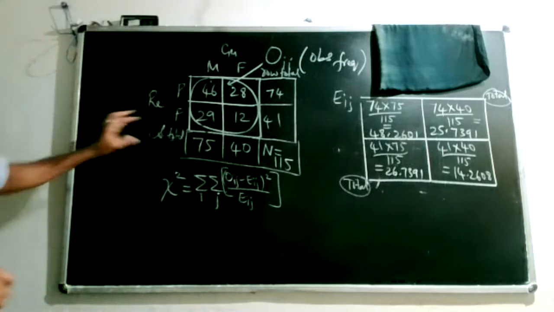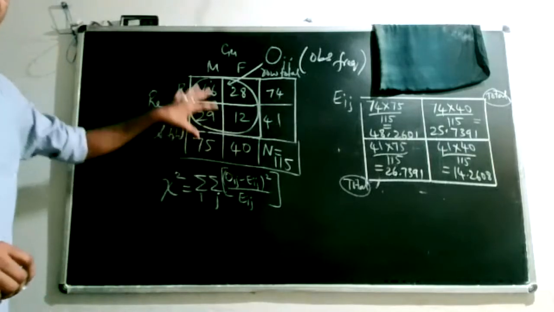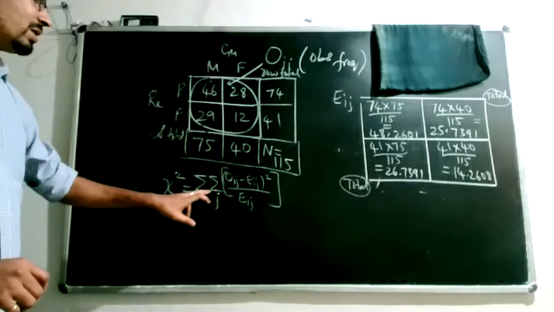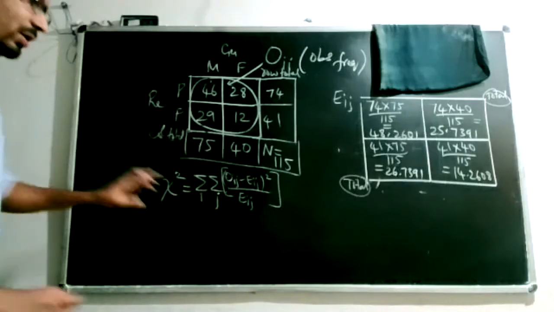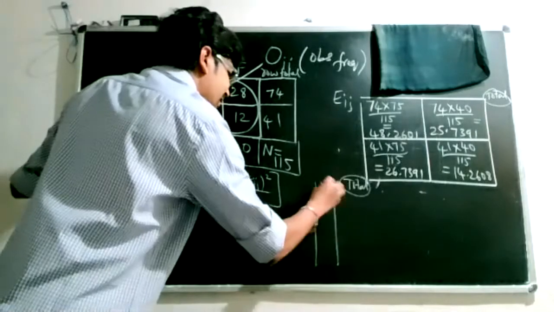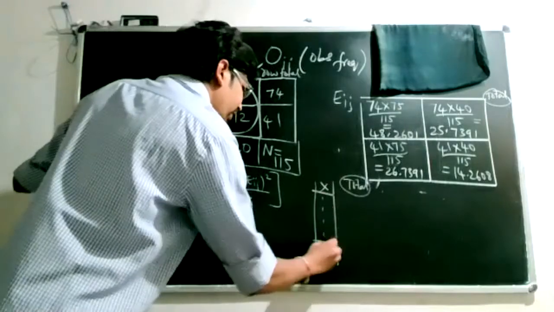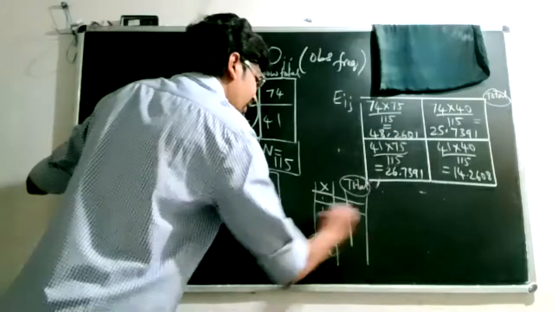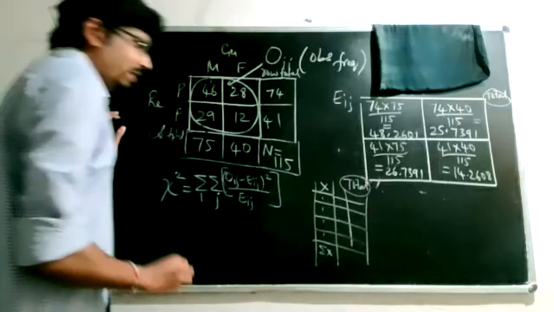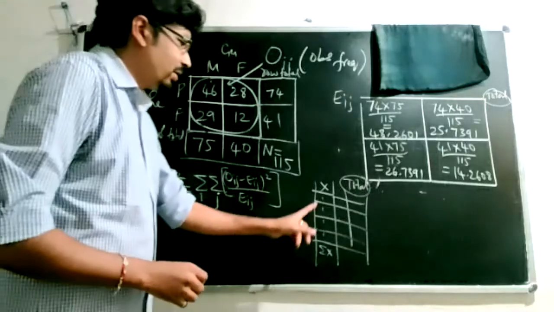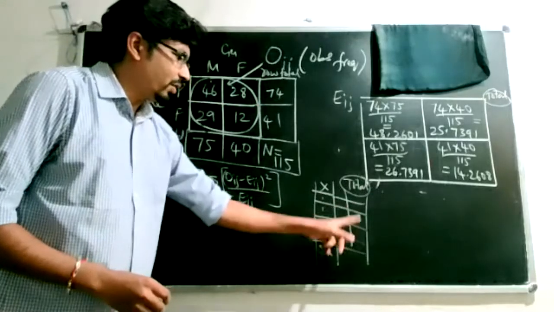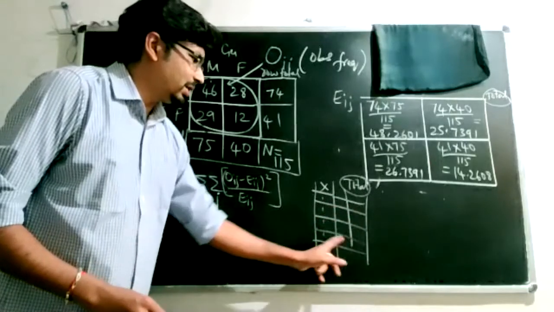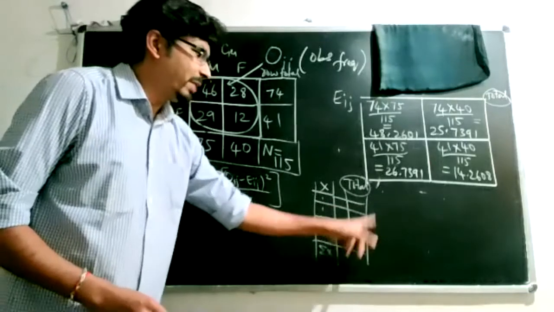Now, whenever we have a tabular form of data in terms of rows and columns, then to obtain the total, we'll use double summation. That is the meaning. Because if you have just a column, like say X, and you're obtaining the total of that, we just use sigma X. But if you have values across row as well as column, then in order to obtain the total of all this, first you add these three, these three, these three, these three, then all those sums will be added again.